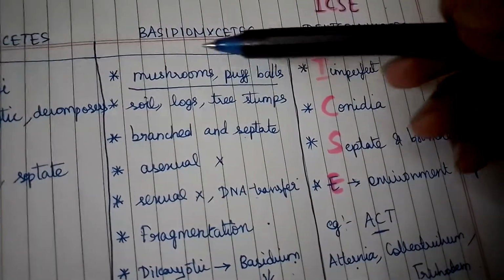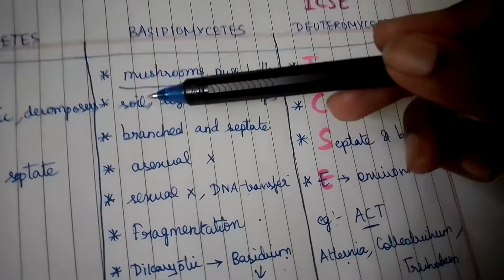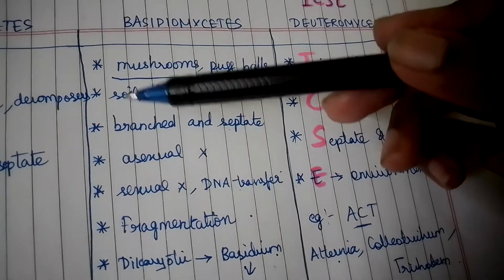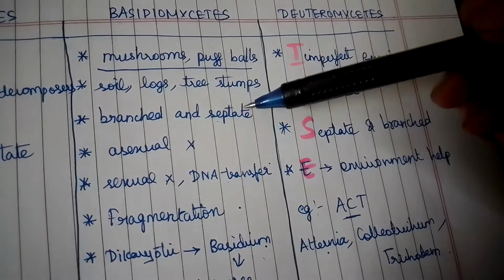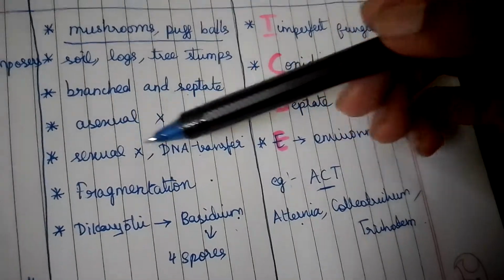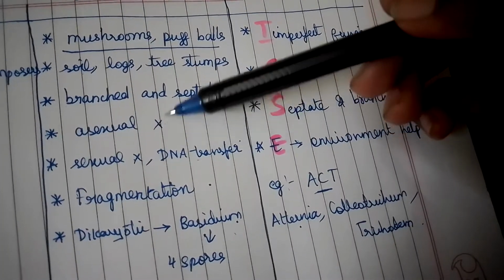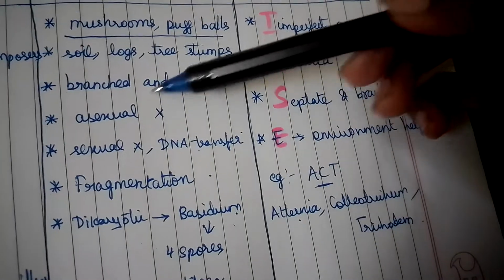Now coming to basidiomycetes, common examples are mushrooms, puffballs, like that. They grow on soil, logs, tree stumps, and the mycelium is branched and septate. Asexual spores are not here.